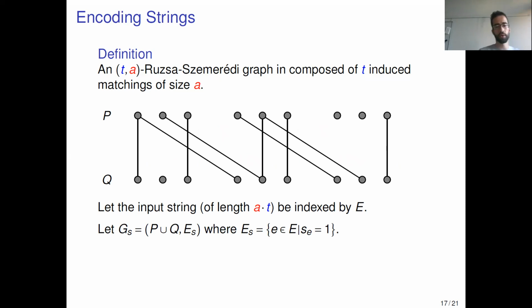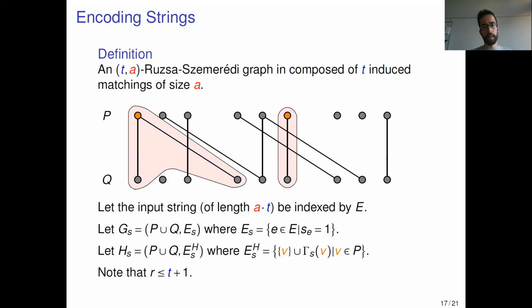And now we're going to convert this into a hypergraph in, again, a very simple way by just taking each vertex on the top side of the bipartition, so on the P side, and making it into a hyperedge along with all of its neighborhood. So each hyperedge is going to consist of a single vertex on the P side and possibly multiple vertices on the Q side.